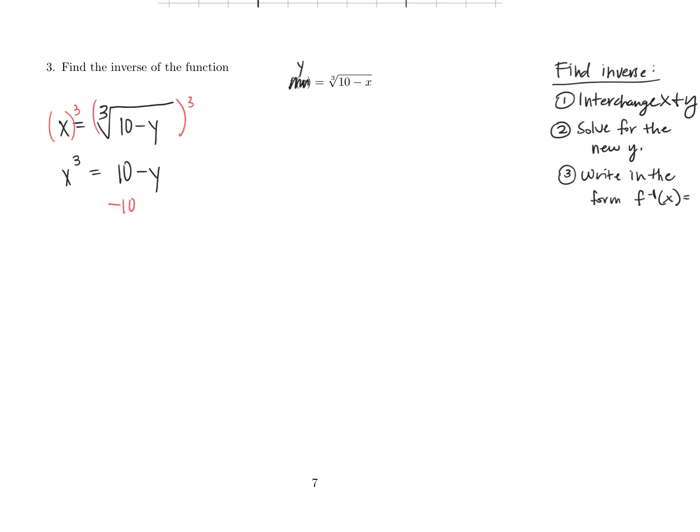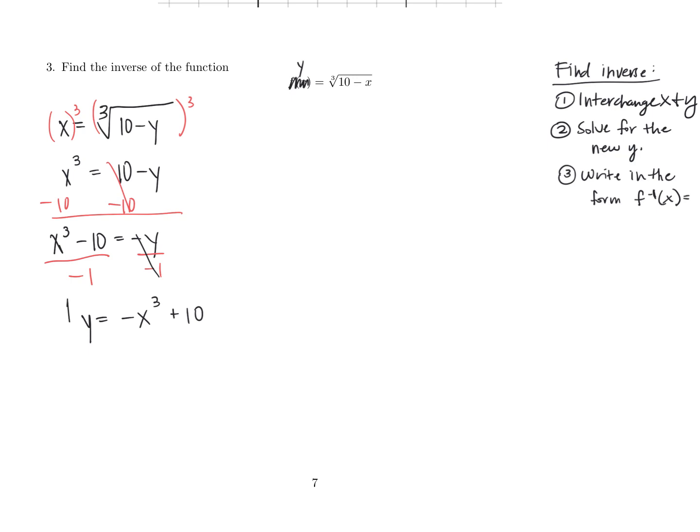Now we're going to subtract 10 from both sides. So that will be x cubed minus 10 is equal to negative y. We still don't have y by itself because of that negative, so we need to divide both sides by negative 1. And that will end up giving us y equals negative x cubed plus 10.